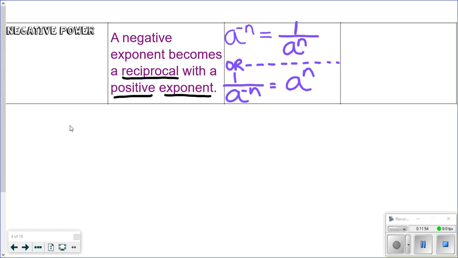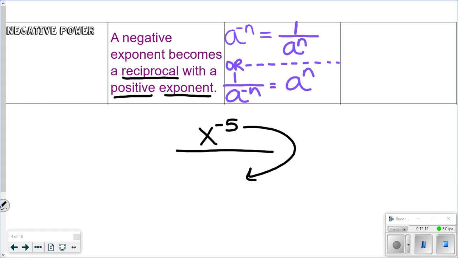So let me give you an analogy. Here's my fraction. If I have something in the numerator that is negative, think about this living upstairs, and it's not happy. It wants to move down into the basement, down to the denominator, and it becomes happy. It becomes positive. So when I move it, I turn it positive.